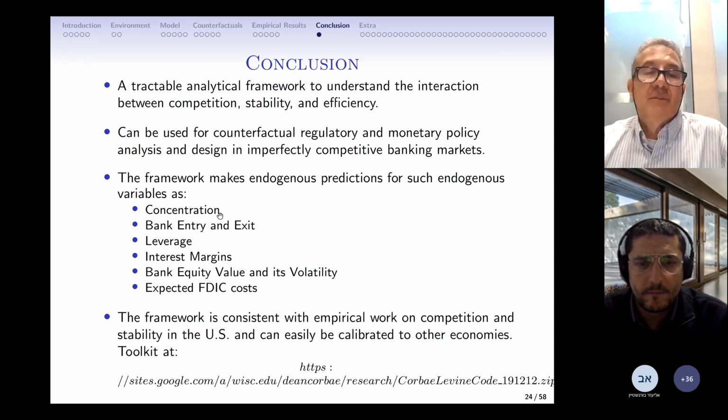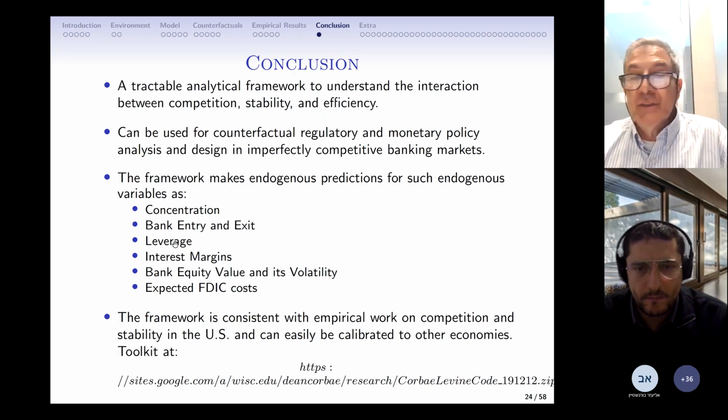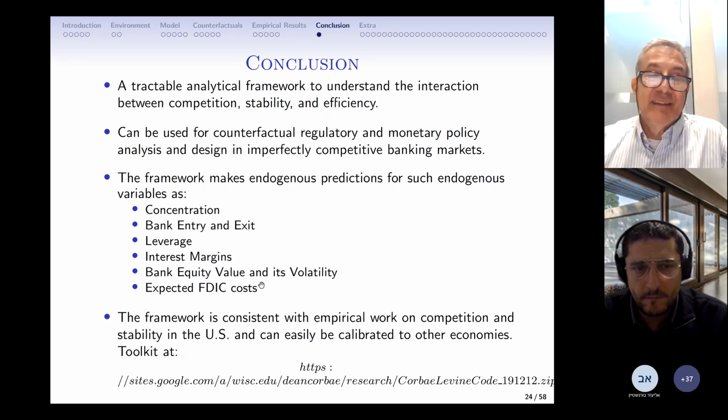A simple model makes predictions about concentration, bank entry and exit. Leverage is endogenous in the paper. Interest margins are endogenous. The value of banks is endogenous, and it also makes predictions about how much the FDIC is going to have to dole out to fix things.